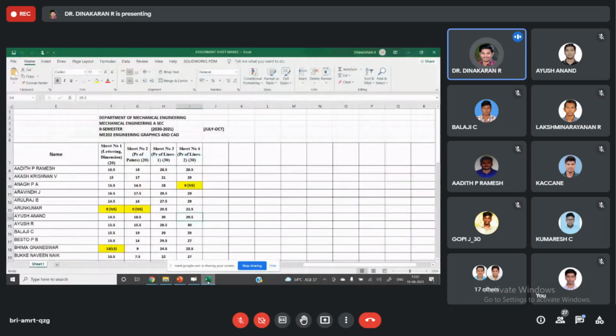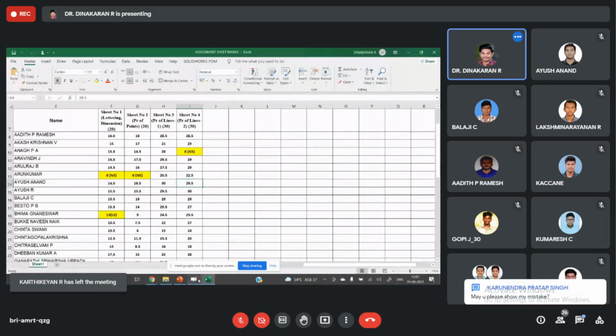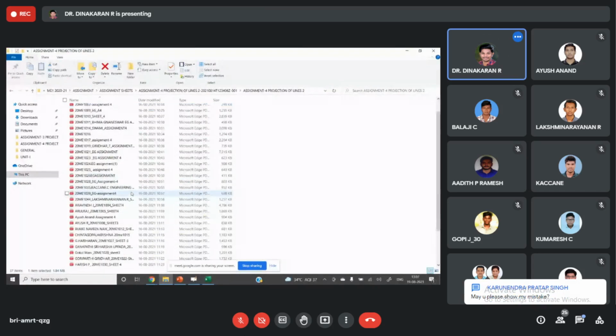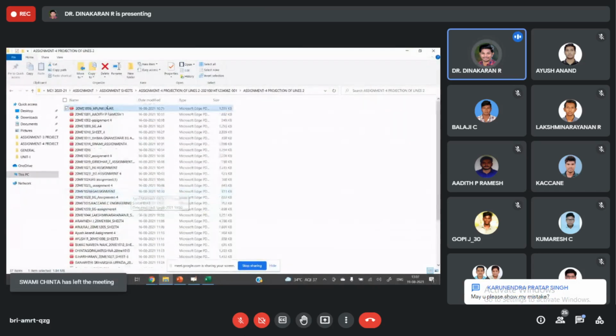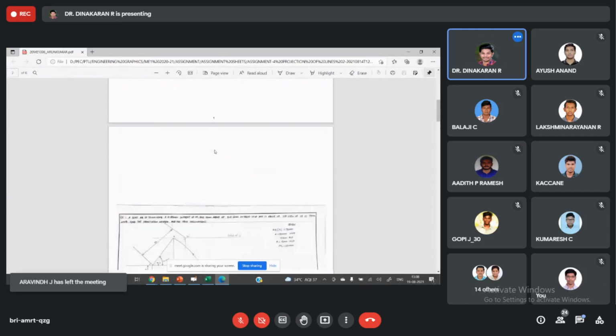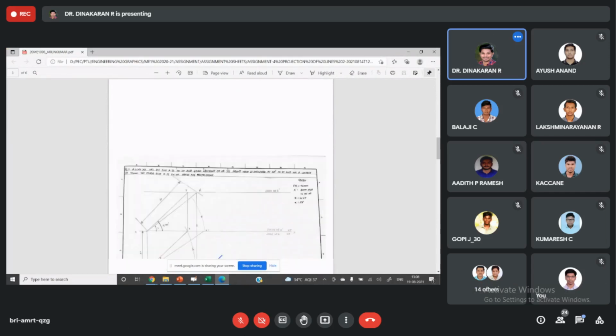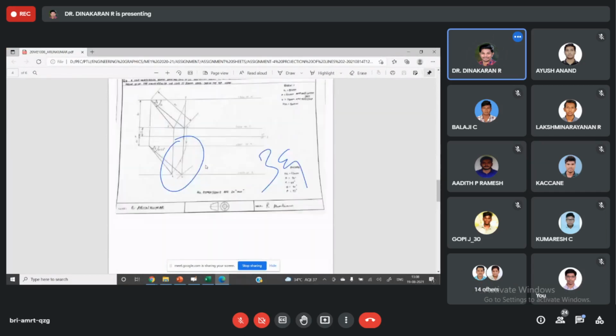And one other person I want to show you, that is Chinta Swami. Arun Kumar, where is Arun Kumar? Arun Kumar and all, he is drawing by hand, he is drawing it as an arc. I'll show you. You see.